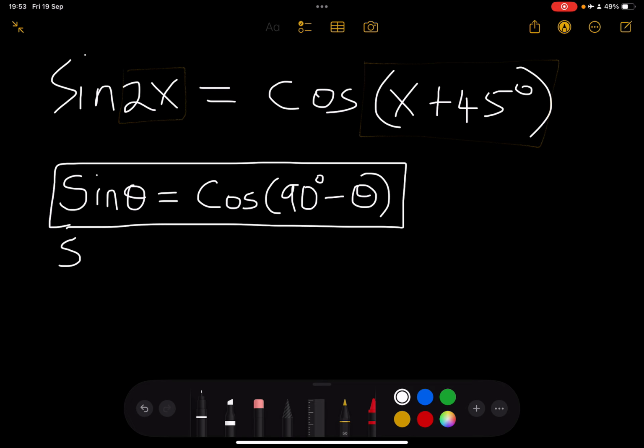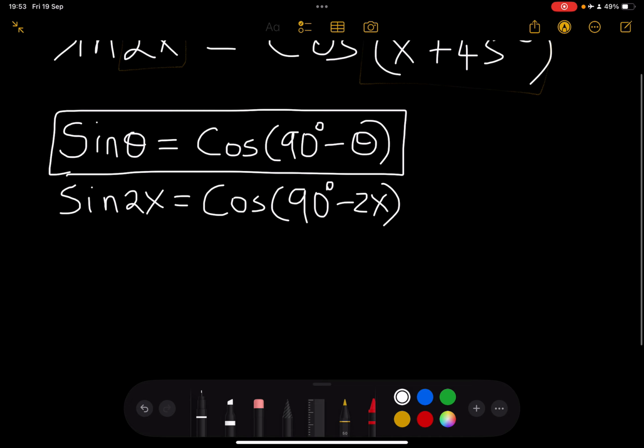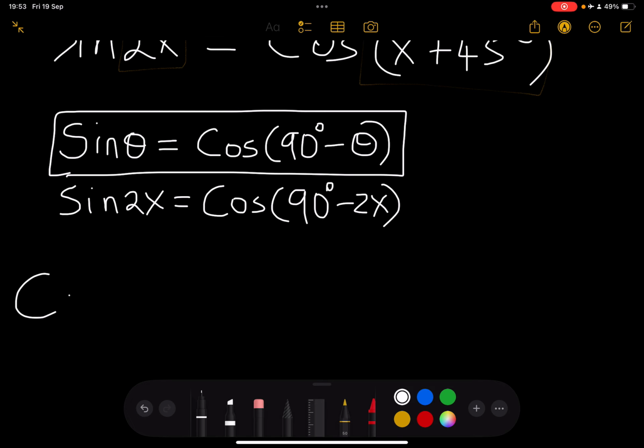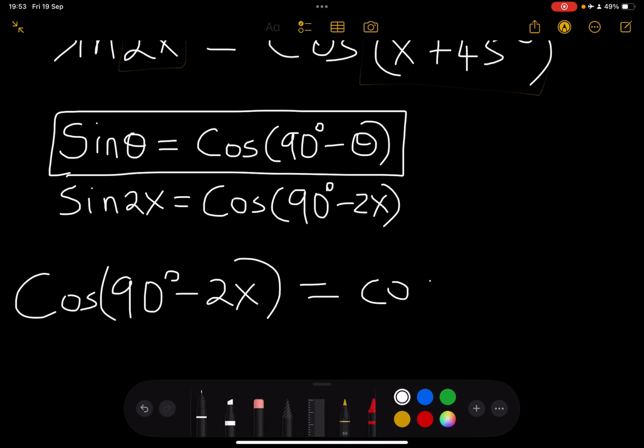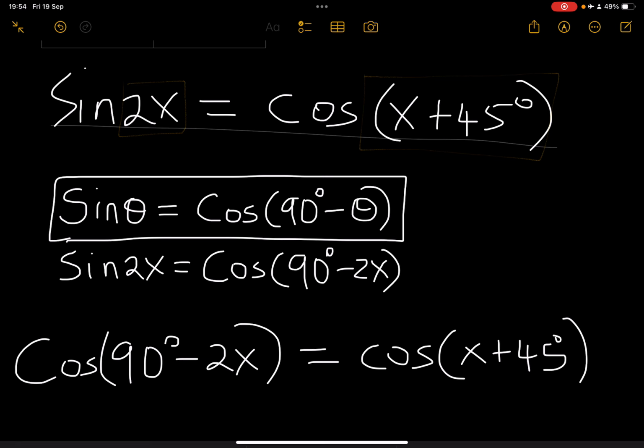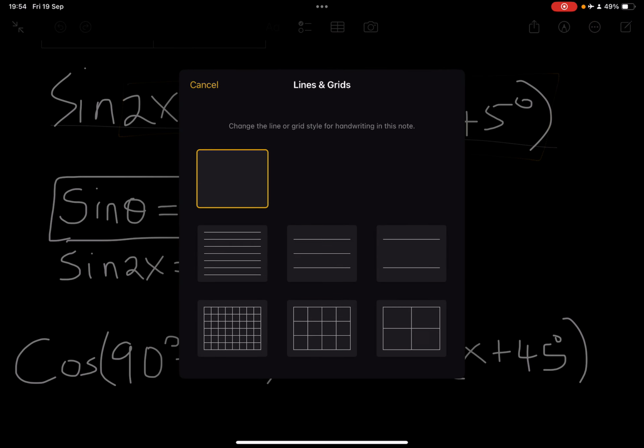Which means if I have sine of 2x, I can always write it as cos of (90 degrees minus 2x). So sine of 2x, I can replace with cos(90 degrees minus 2x), which equals cos(x + 45 degrees).